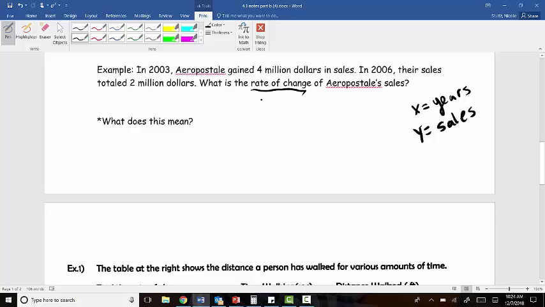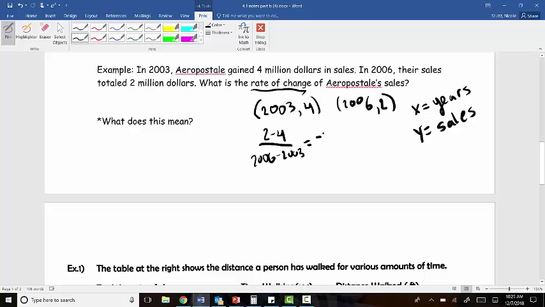So the next thing I would do is I make ordered pairs, and I want to make sure my years are my x's. So 2003 is the x value, and 4 million is the y value. And then 2006 is the other x value, and 2 million is the other y value. So if we use that slope formula we learned, we're going to do 2 minus 4 over 2006 minus 2003.